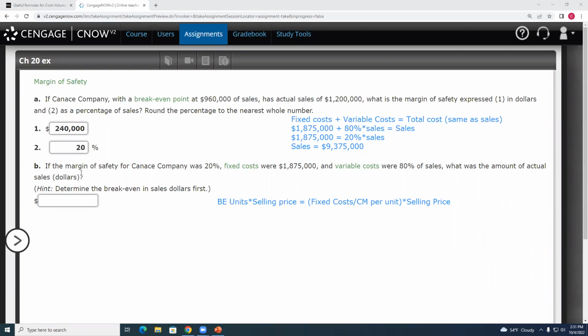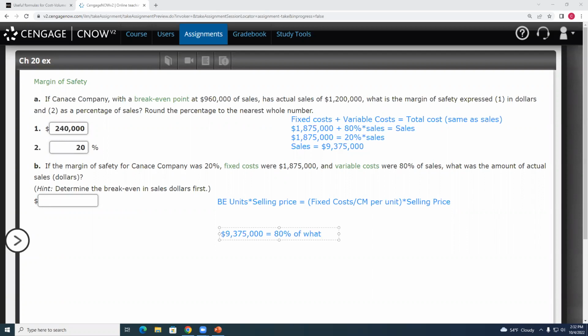The question then is, if their margin of safety is 20%, we don't add 20% on top of this. We want 20% of their total sales. So we want to know 9,375,000 is 80% of what?